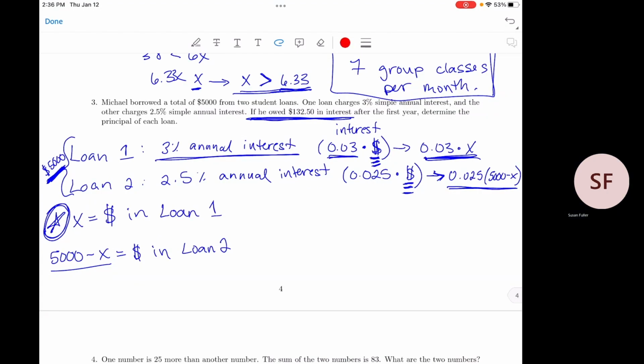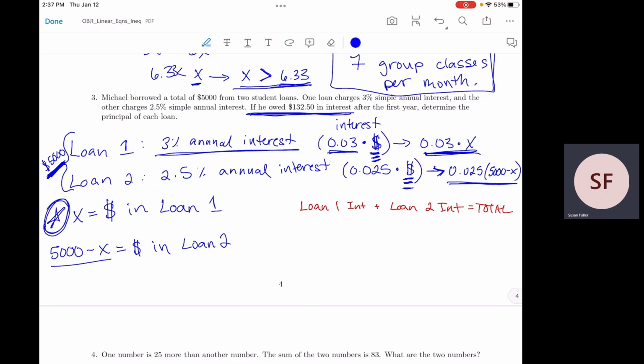So to find the total amount of interest, it's going to be the loan one interest plus the loan two interest, which will give us the total amount of interest overall. So we can use this to create our equation.